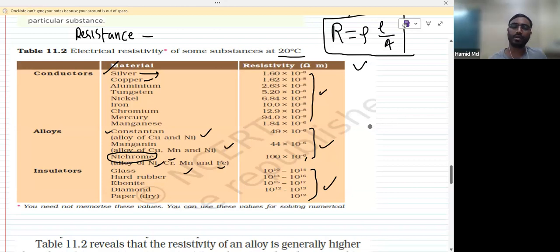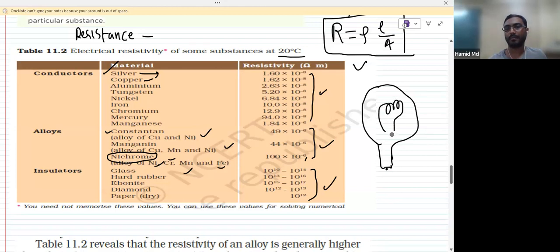This bulb used to come in early days. Remember? Not LED or tube lights. In early days it was the yellow light, yellow bulb. Remember? Yellow bulb. We're having some tungsten.